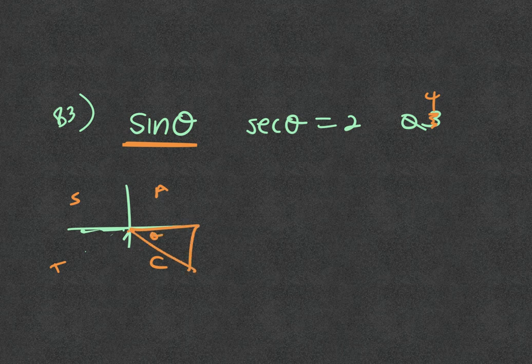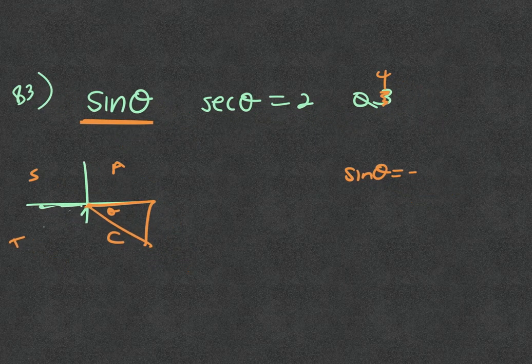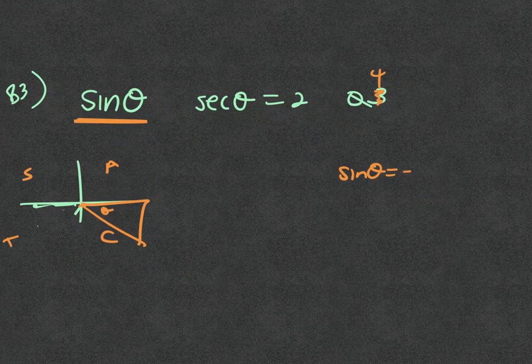Cosine's positive, which means secant's positive, which makes sense because it's positive 2. But then sine would be negative. So the sine, I know is negative because it's in the 4th quadrant. Then secant, I'm going to make this into a fraction. So that's 2 over 1. Secant is the reciprocal of cosine. So you can either say cosine is the reciprocal, which is 1/2, or the reciprocal of adjacent over hypotenuse is hypotenuse over adjacent.